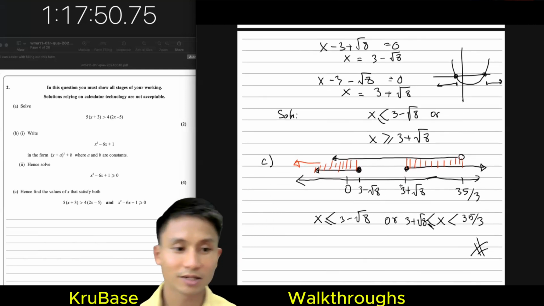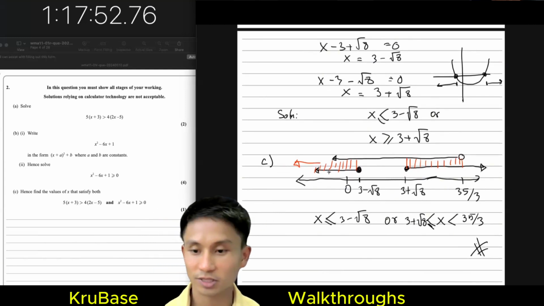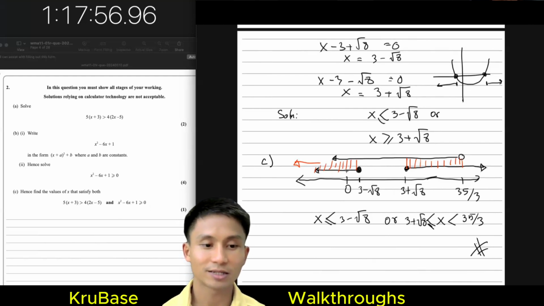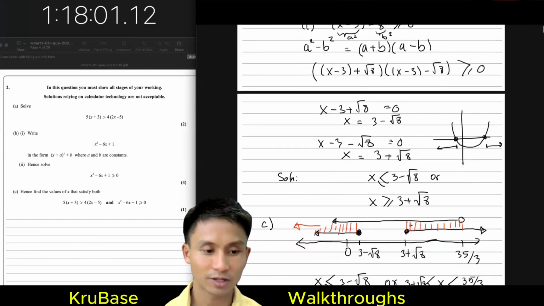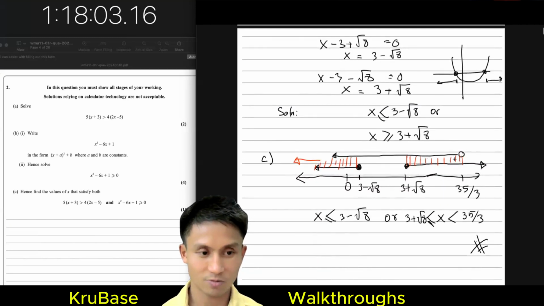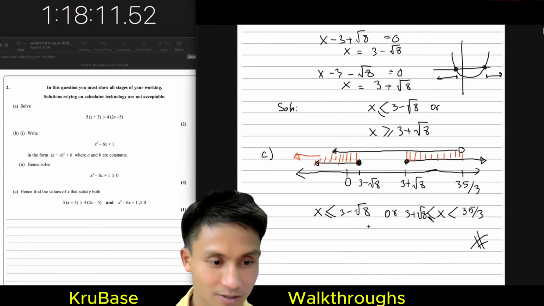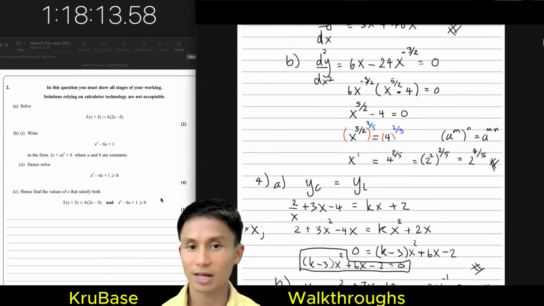And then C, we need to merge the two solutions with an AND here. So it's less than that, and also less than 35/3, sorry. And we're just going to go up to that. This is greater than that, so it has to be that. So that's fine. All the signs are correct. I think I'm happy with that.